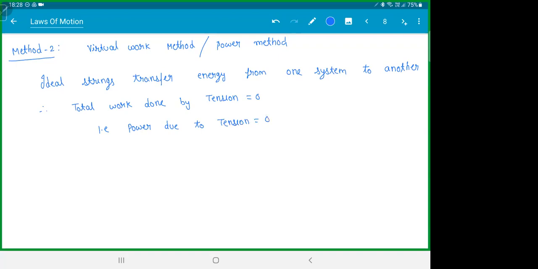Now, we know what is power. Power is nothing but rate of change of work. And we also know work is nothing but F bar dot displacement ds bar, and ds by dt becomes velocity. This is the formula for power, force dot v bar, the dot product.